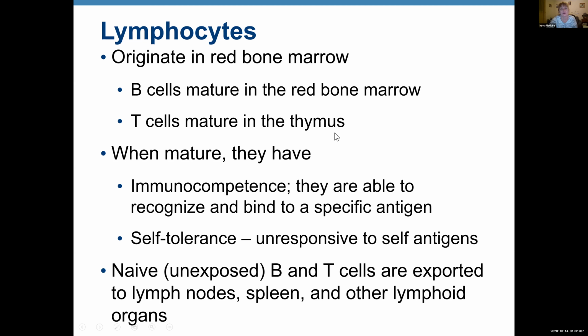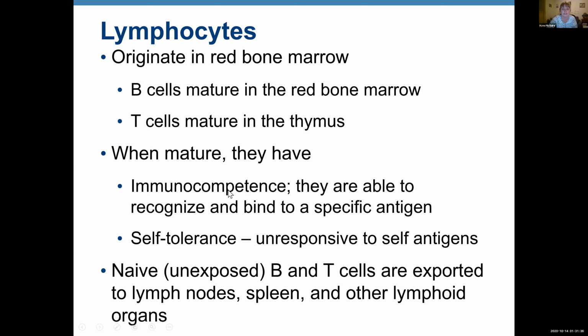And I'm reminding you, the thymus is the organ located superior to the heart, on the top of the heart. And when they mature, what does it mean, they mature? Well, that means they became immunocompetent. So first they are not mature in the red bone marrow, then they move to the thymus or stay in the red bone marrow, and they become immunocompetent.